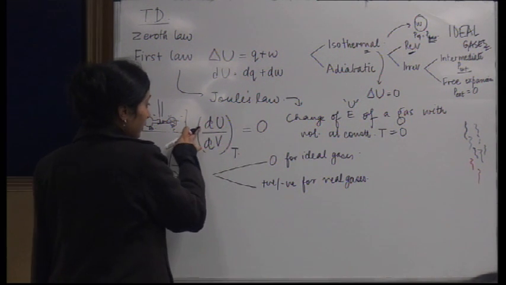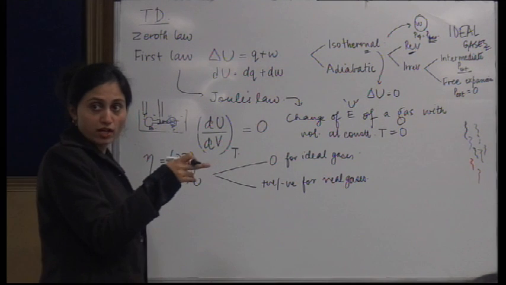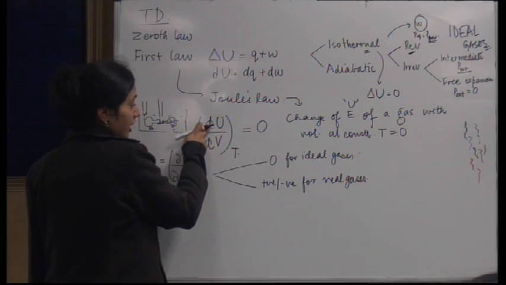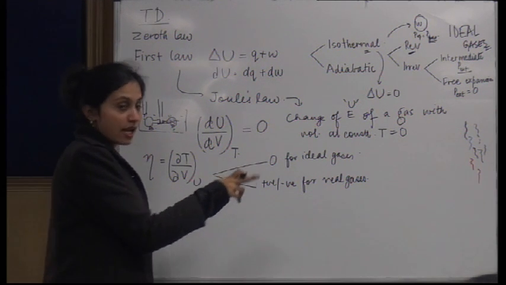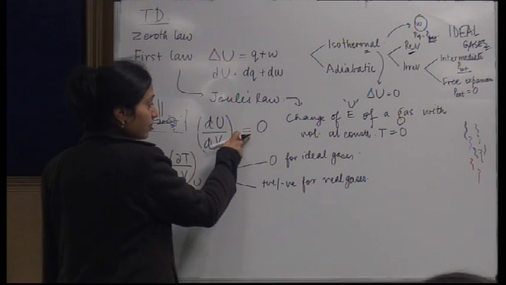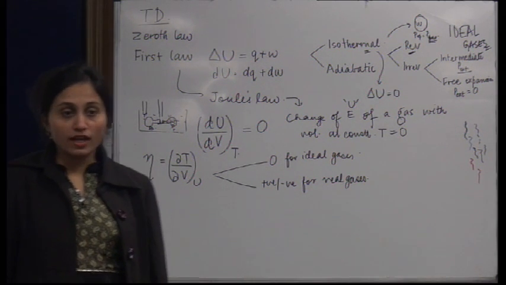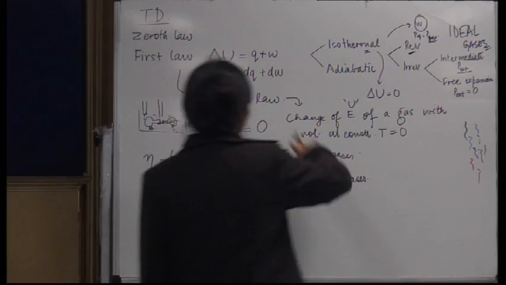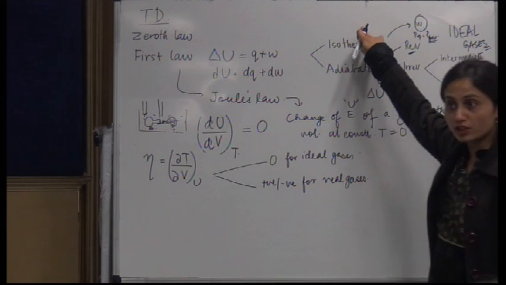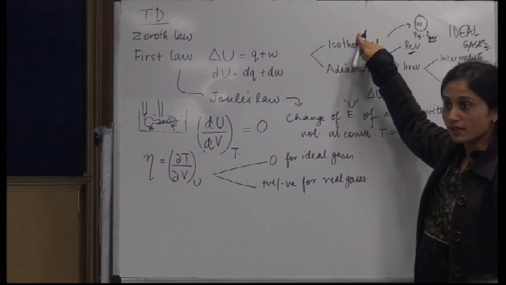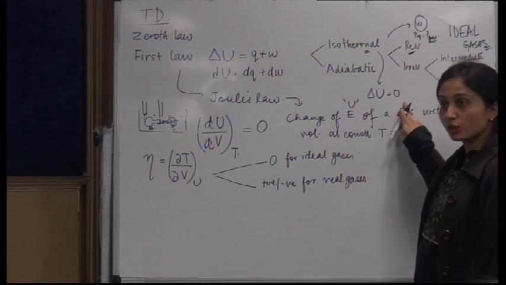Now here what he actually wanted to note was that the change in internal energy with change in volume at a constant temperature is equal to 0 for ideal gases. He noted it down, and that is why when we do the isothermal process that you've already seen in detail, we take delta U directly to be equal to 0.